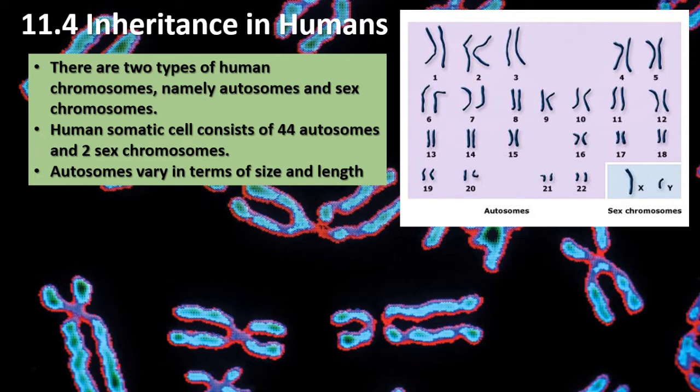They consist of 44 autosomes arranged in 22 pairs, that means 44 autosomes, and this is 2 sex chromosomes, which are either X or Y chromosome.